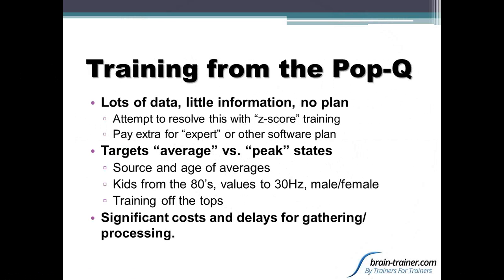So the problem with training from the PopQ, when you have the $10, $12, $15,000 system, is that you get huge amounts of data, but you really don't get any information about the brain, or very little of it, and you don't get a plan.